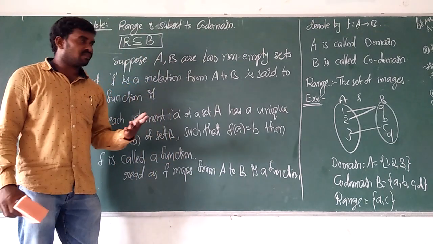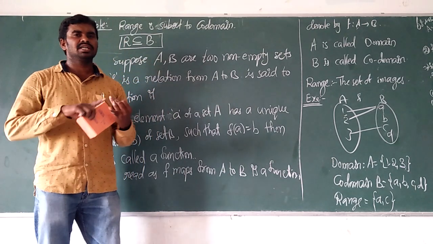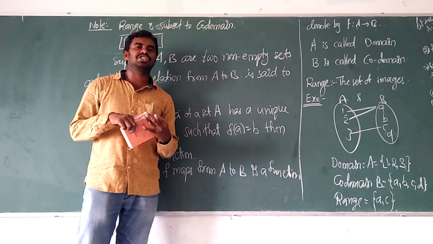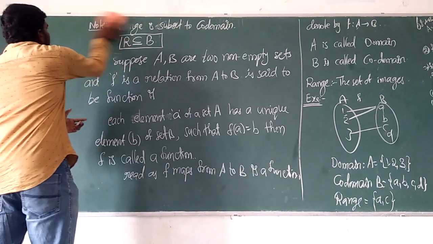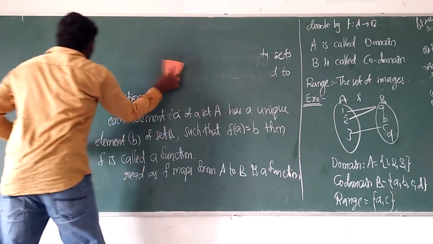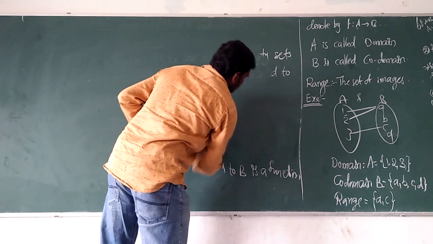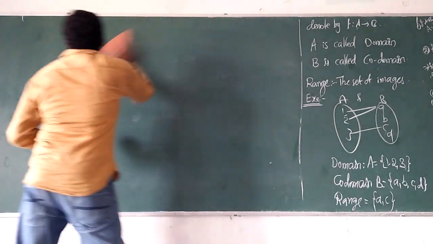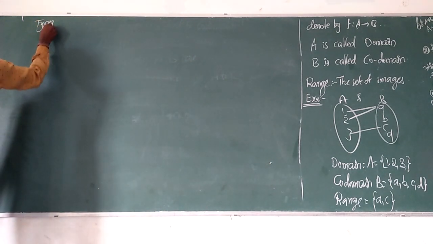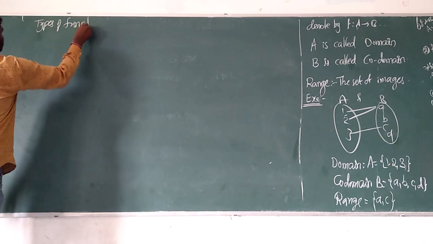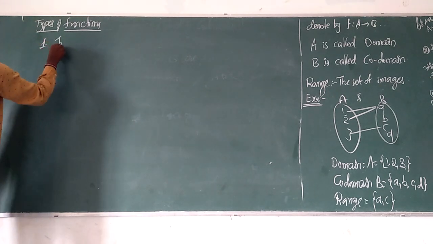Next, at the next level, the important things are injection, surjection, and bijection. These three definitions are very important. Those will be useful in solving questions. So first, types of functions. First one, injection.